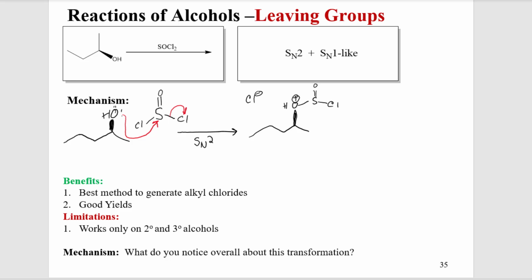The oxygen attacks the very electrophilic sulfur. I mean, look at the dipole of that sulfur, right? The sulfur has 2 chlorines off of it and a sulfonyl, a sulfone type structure to it. So it's very electrophilic because it has these electronegative atoms withdrawing electron density away from it.